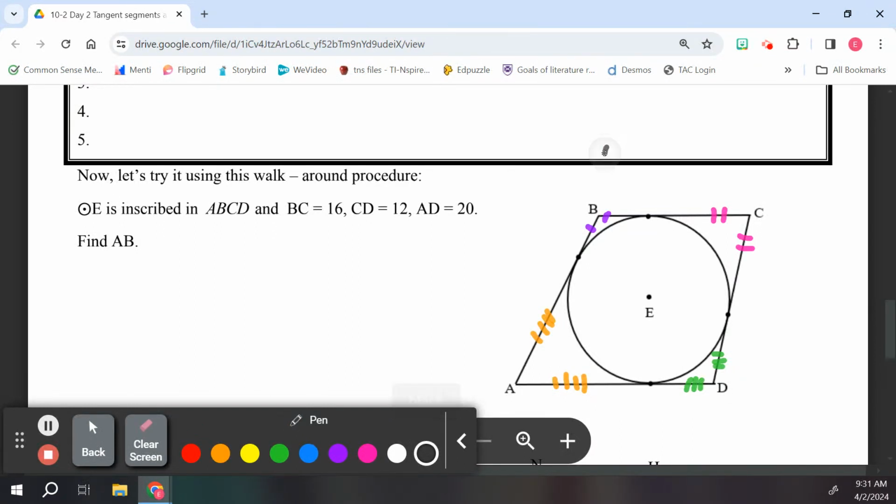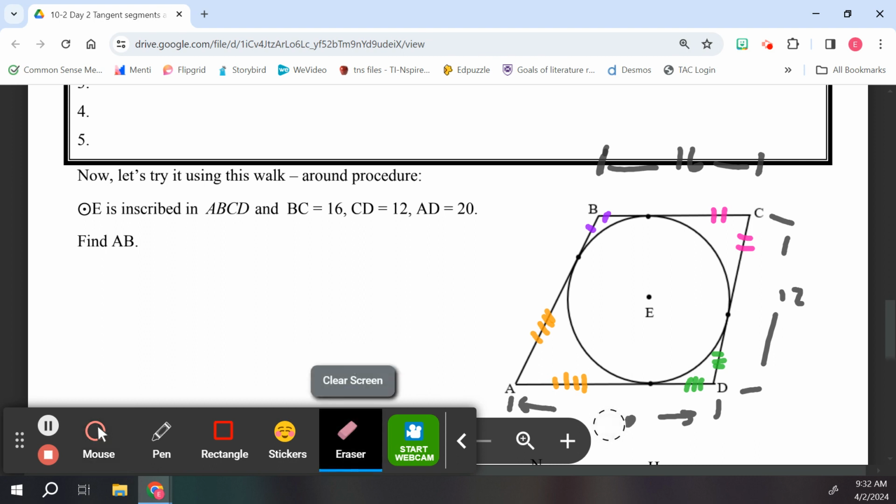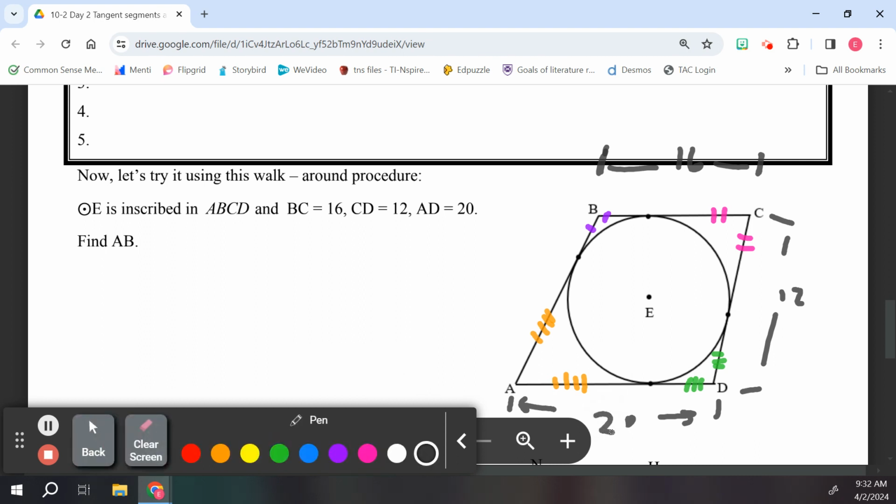They're telling me B to C is 16, C to D is 12, and A to D is 20. And this is the side we just don't know.